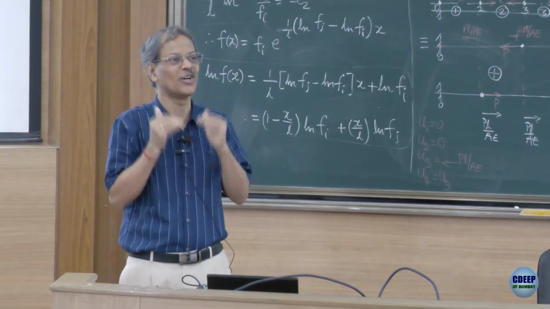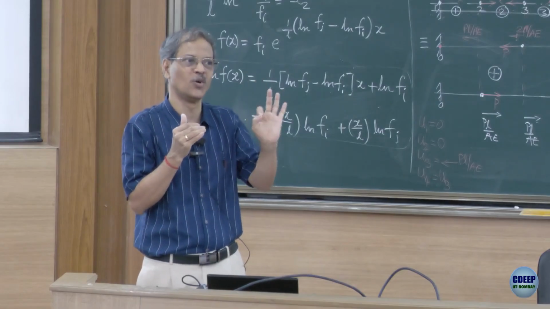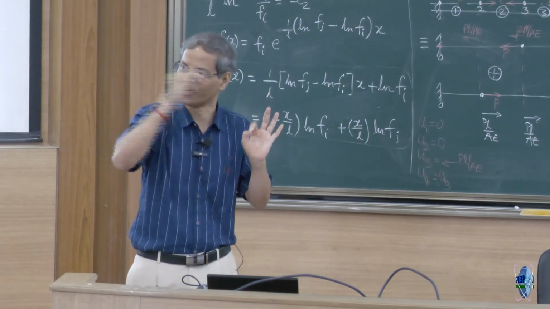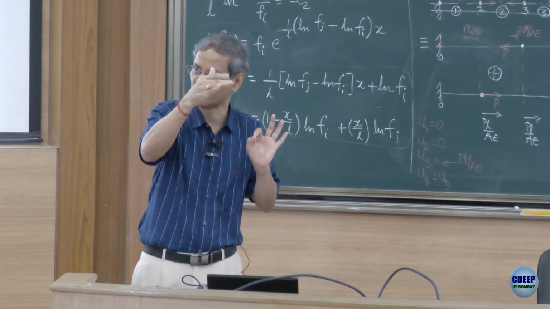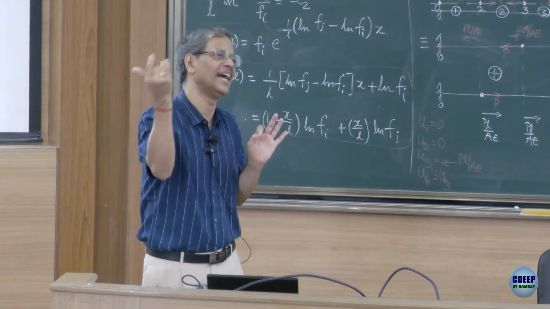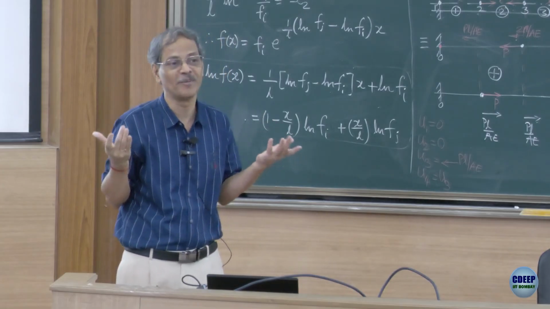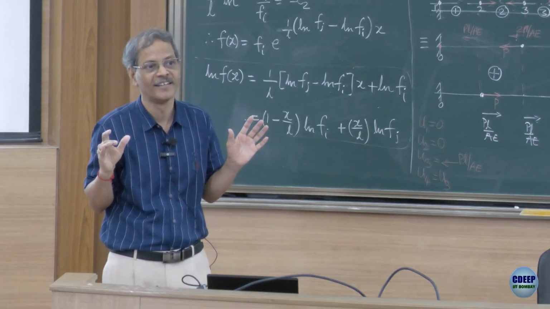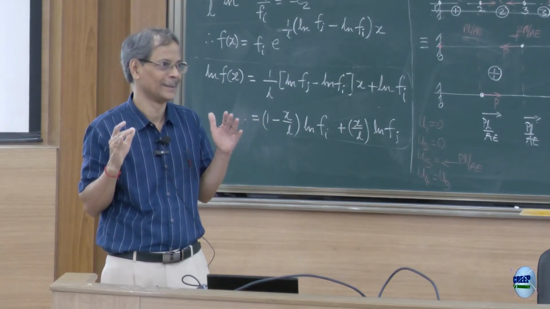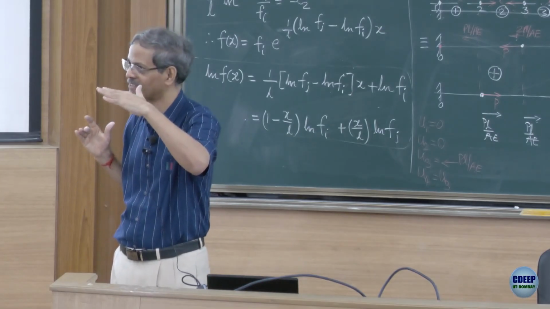Now, think of how I can find n1, which would be 0 for 2 and 3 and 3 and 4. 4 also it should be 0. How would something be 0 for 3 and 4? Points of the line 3, 4, correct?